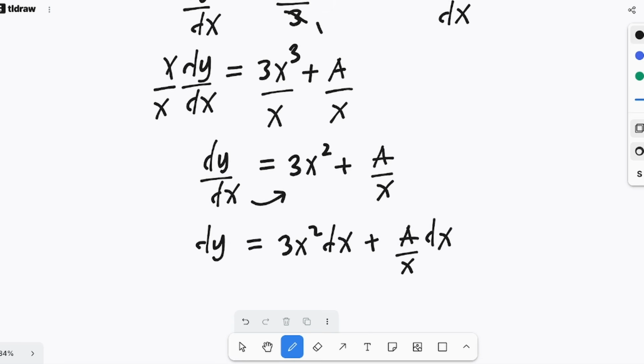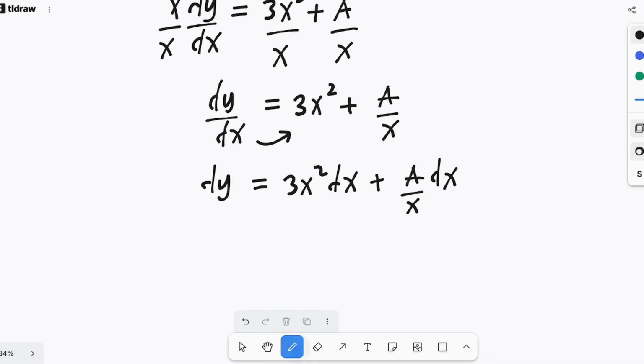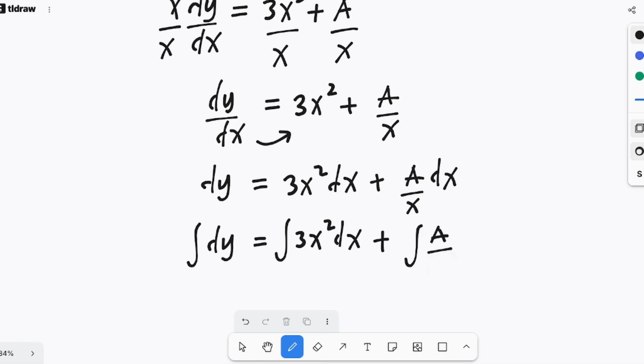You can put it in a whole bracket, but here I wanted to simplify it such that everyone can see where the integrals came from. So we have the integral of dy is equal to the integral of 3x squared dx plus the integral of a over x dx.